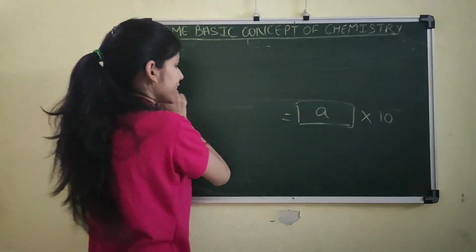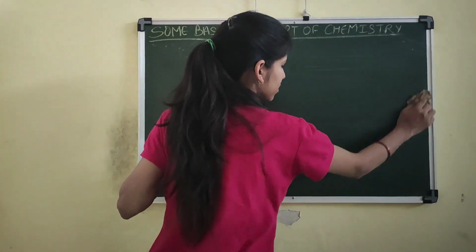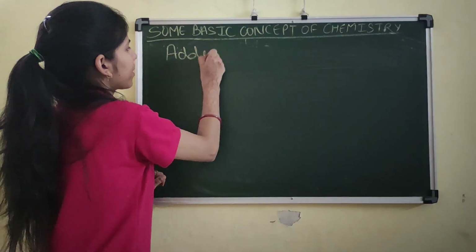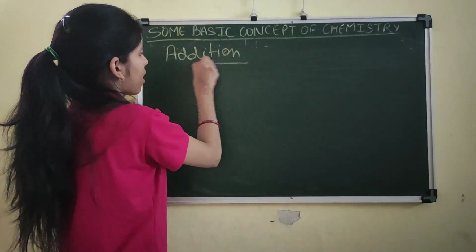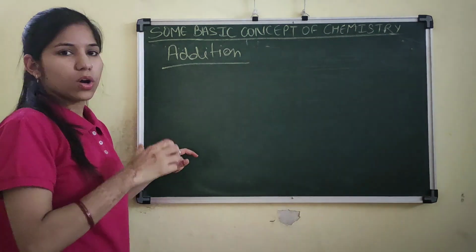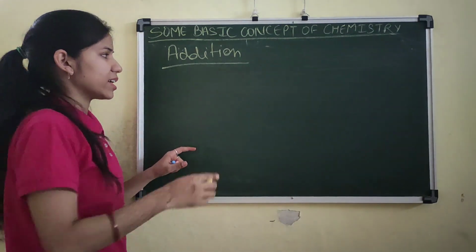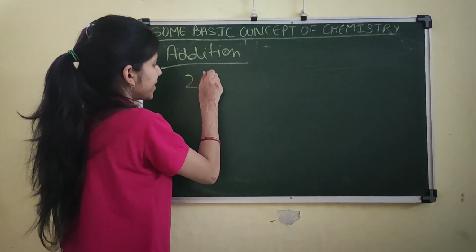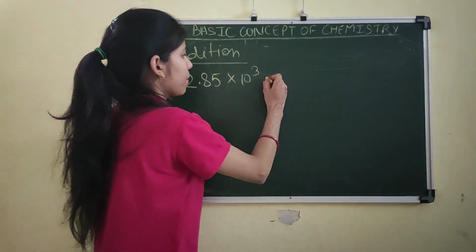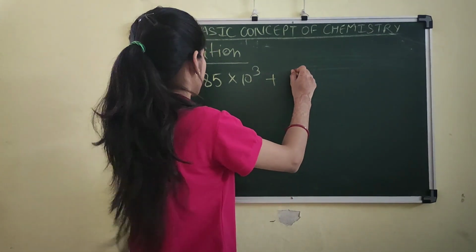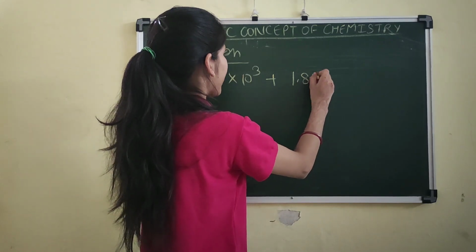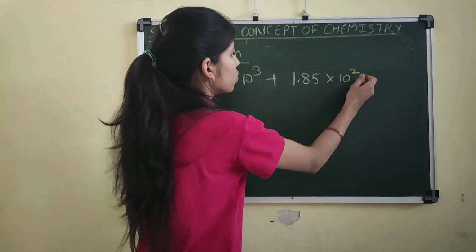Now the next method is addition. In addition, the powers must be the same. For example, 2.85 into 10 to the power 3 plus 1.85 into 10 to the power 2.